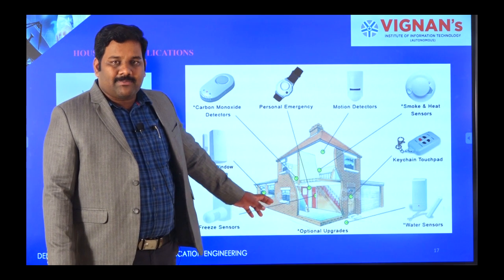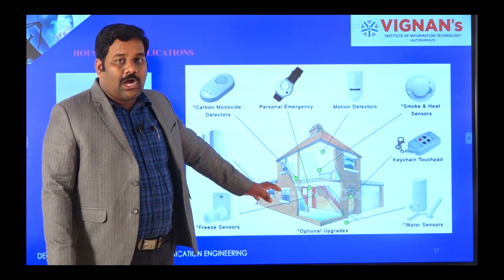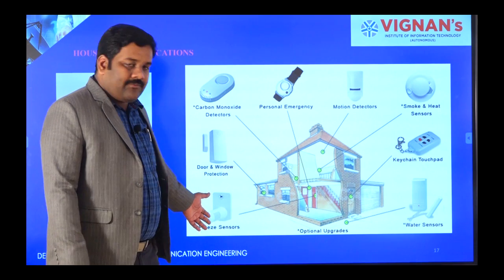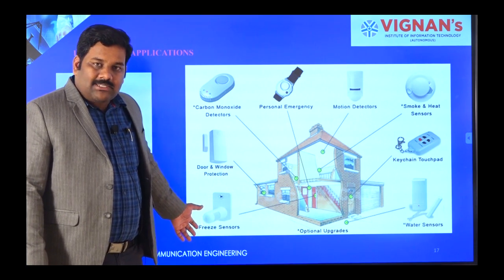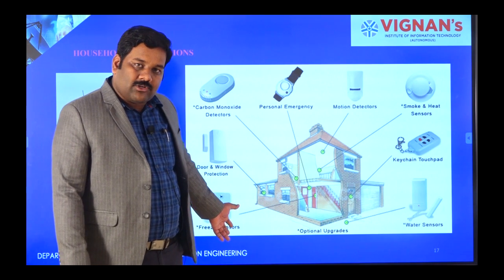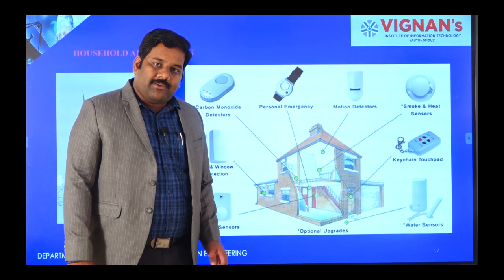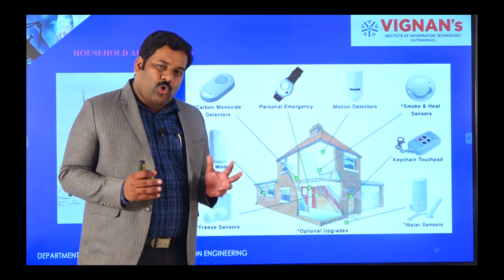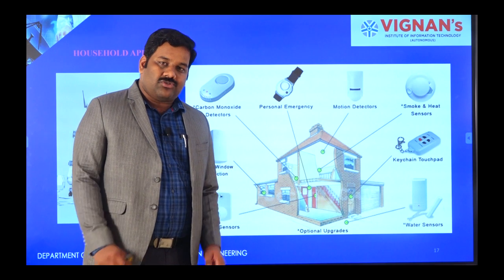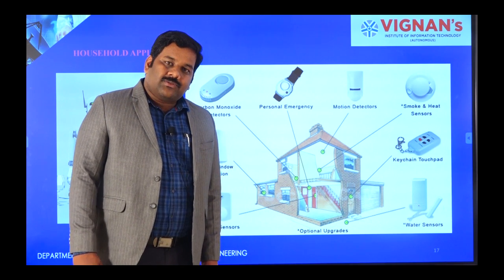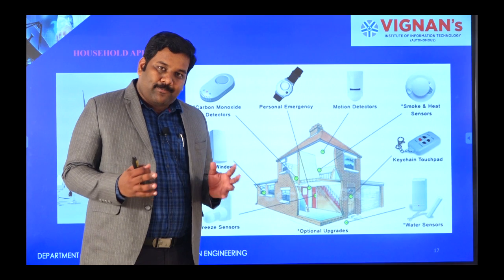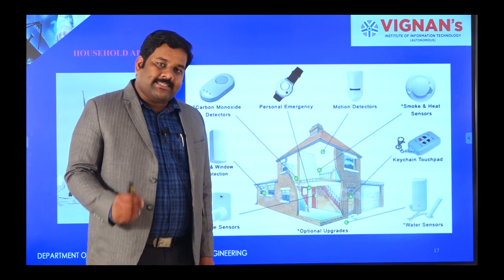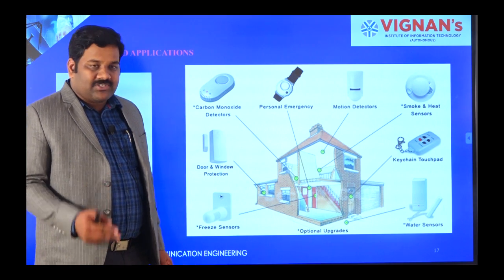So this is a perfect example of a home automation system. For example, this is a fridge sensor. What is the use of the fridge sensor? If we continuously keep the fridge switched on, it will accumulate more ice in the fridge, so there is not much space left to clear the entire refrigerator.